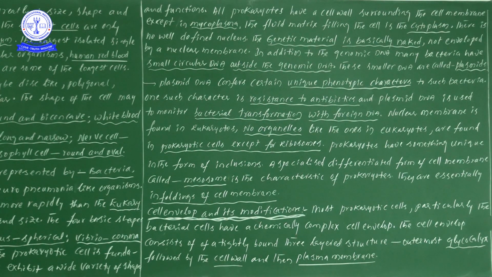Next, the genetic material is basically naked in prokaryotic organisms. The side heading is prokaryotic cell, so this entire information belongs to the prokaryotic cell. The genetic material is basically naked.